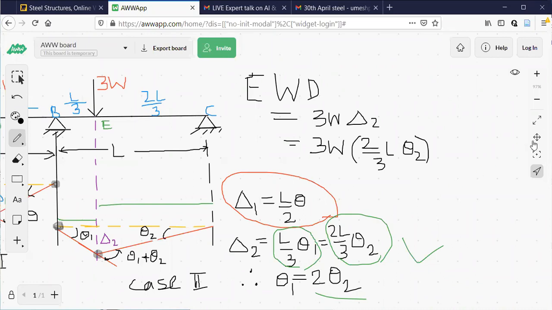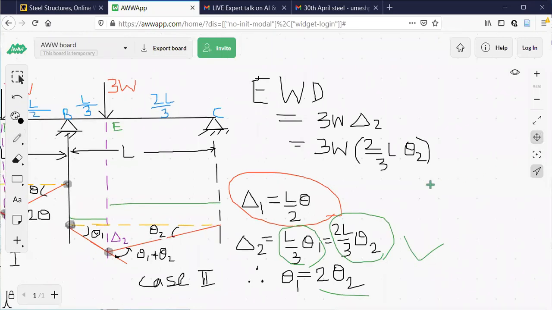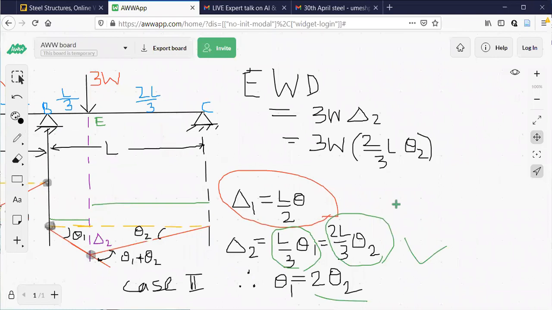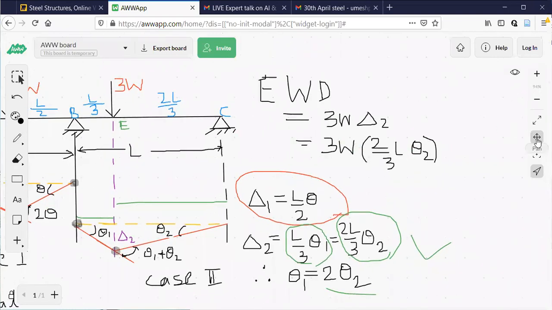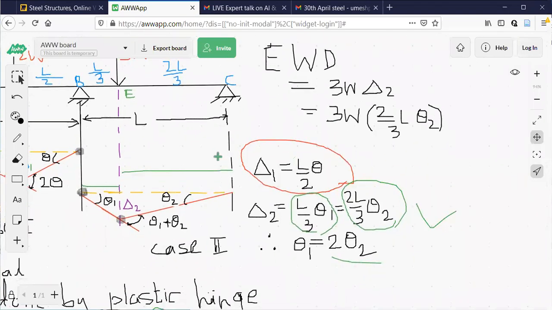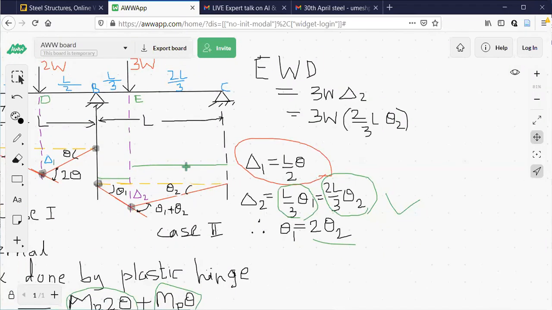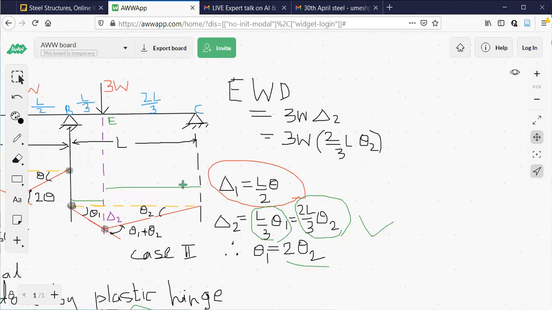Now, how do you find internal work done by the plastic hinge? Before I write this one, I'll just show you in the diagram only, because the space is not that much here to include everything. So here, one plastic hinge is here, MP theta 1.